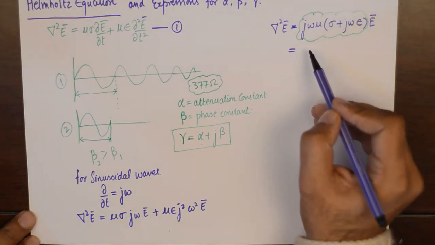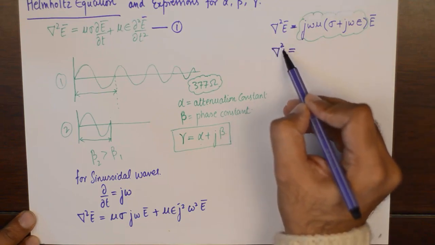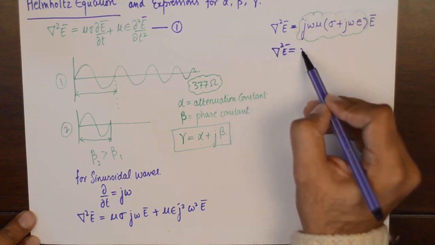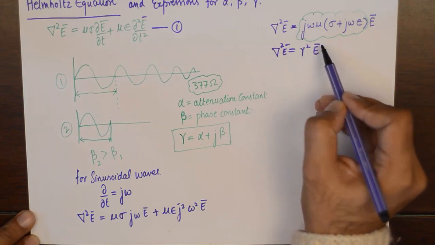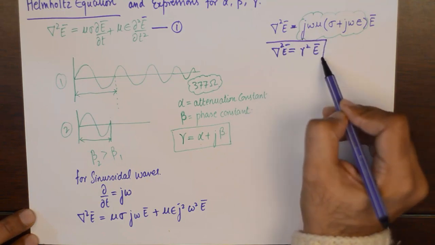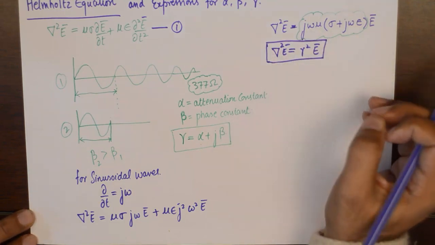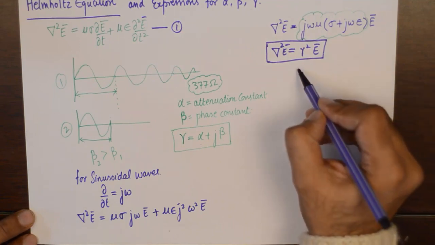So what Helmholtz proposed is that this term be substituted by gamma square E. So now the wave equation has taken up a very compact format.